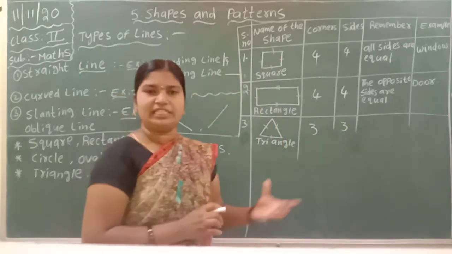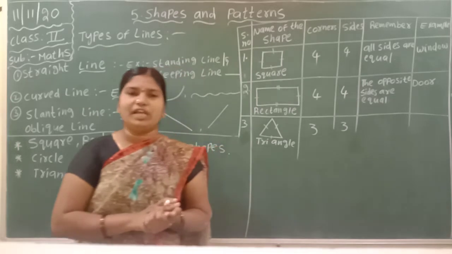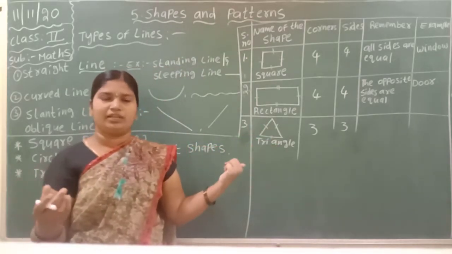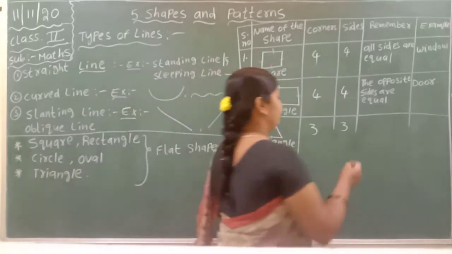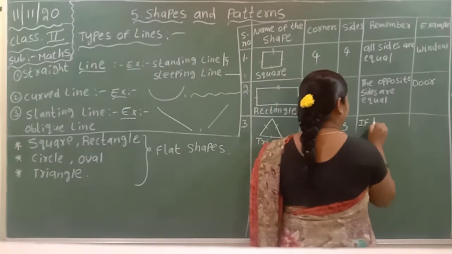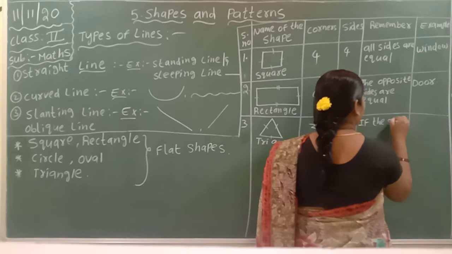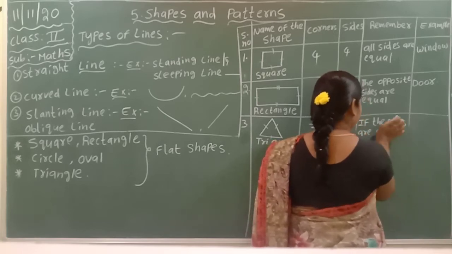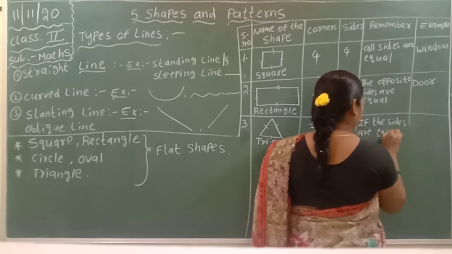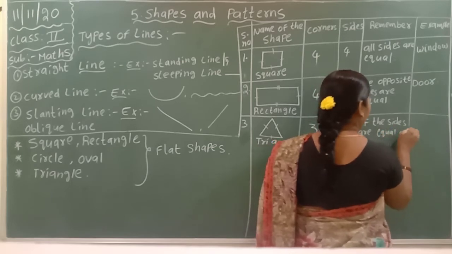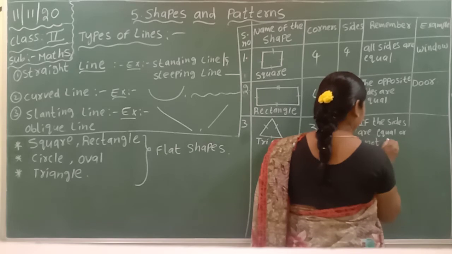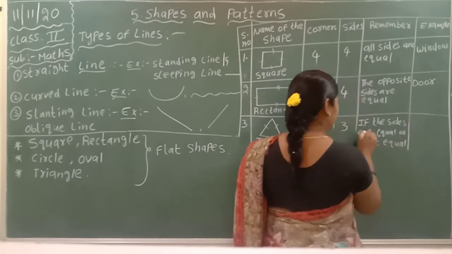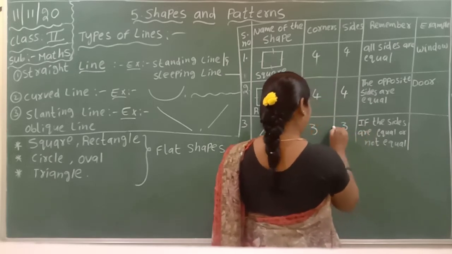In this triangle, the sides may be equal or may not be equal. Okay? It is maybe or may not be.